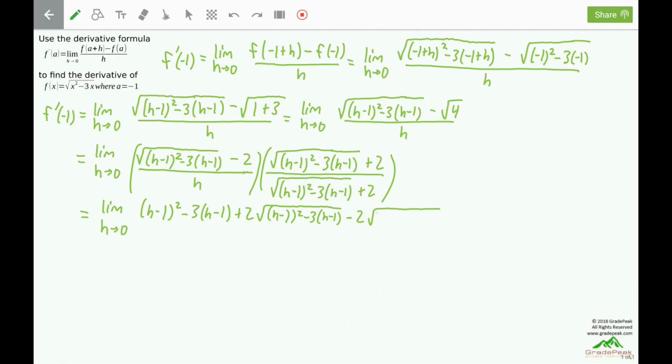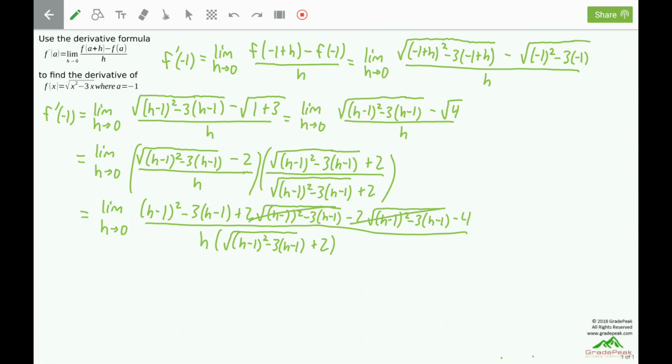Those, of course, will cancel, as they always do when you FOIL out a root conjugate pair. And then last is negative 2 times a positive 2, which is a negative 4. In the denominator, we're not going to distribute or FOIL. We will just leave it factored, but it will be h times this entire quantity that would have been the root conjugate from the numerator.